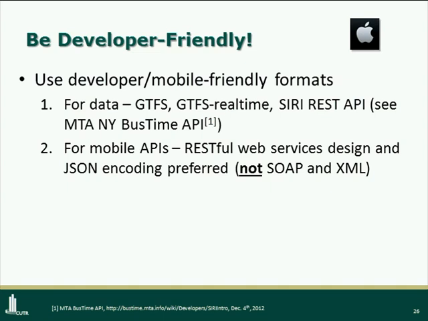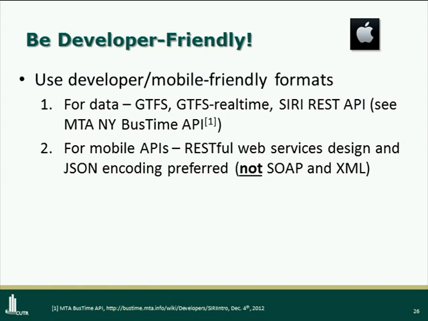And for general mobile API design, this is really not transit specific, but for any type of API where you're providing information to a mobile app, you really want to use a RESTful web service design and JSON data encoding. You do not want to use SOAP and XML.